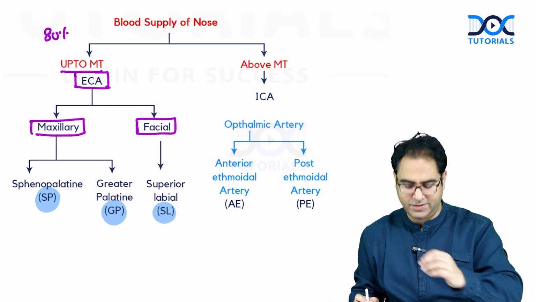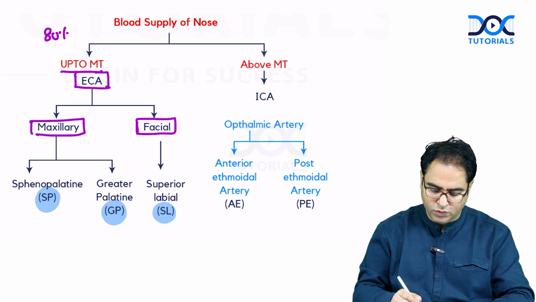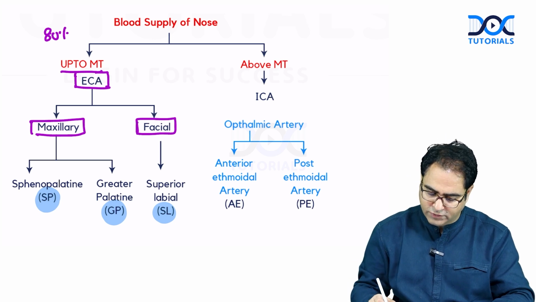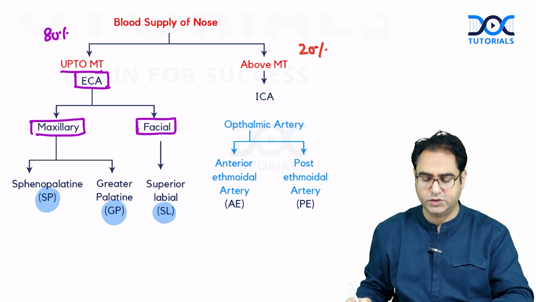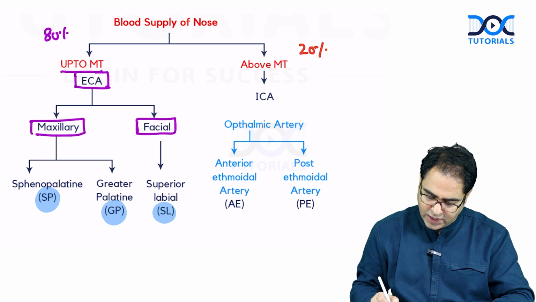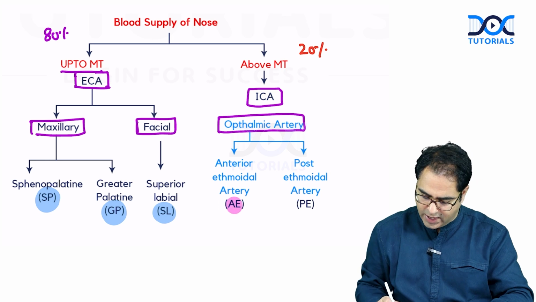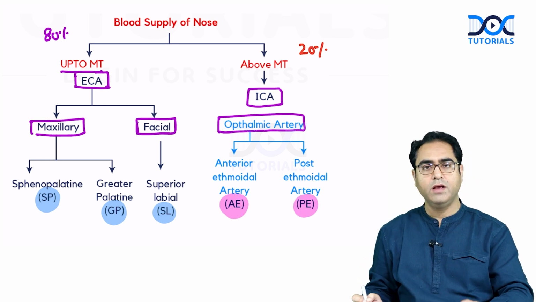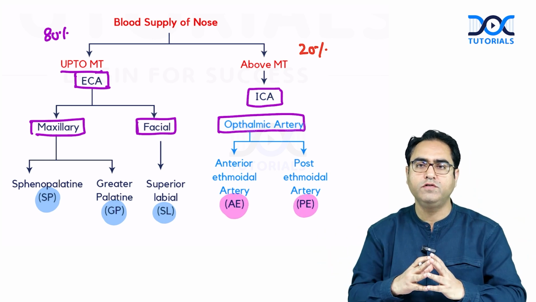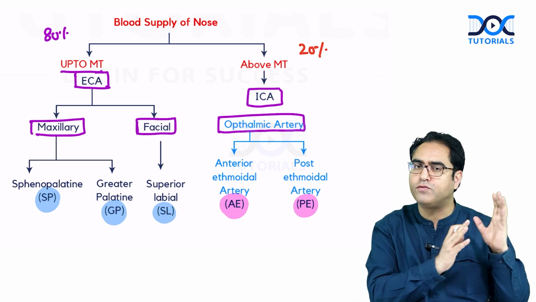Let's go to the ICA. Above the middle turbinate, it belongs to the area of ICA territory, and this is only 20% of total circulation. From ICA comes which artery? Ophthalmic artery. And from the ophthalmic artery, 2 branches come, anterior ethmoidal and posterior ethmoidal artery. So there are 5 arteries supplying the nose, but 80% is from ECA.